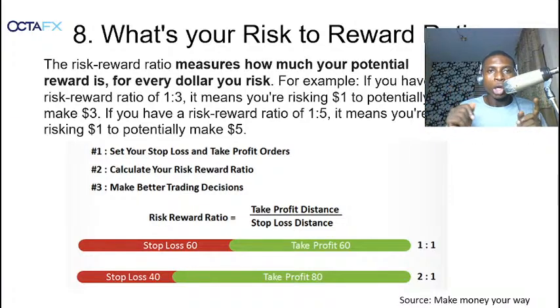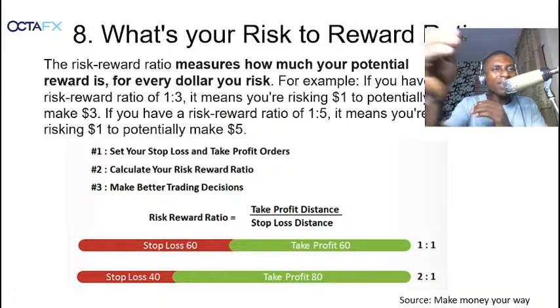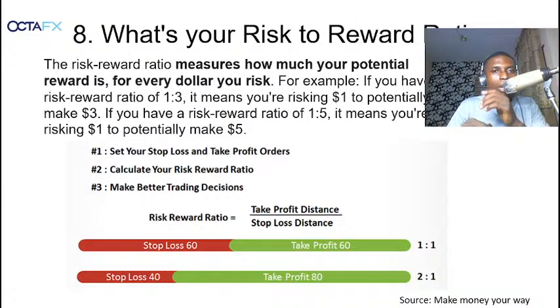Is that clear? If you are using 1:2, it means you are risking $1 to potentially make $2. If you are looking at making 5 times the amount you're willing to risk, which is 1:5, you are willing to lose $1 for every potential $5 you want to make.